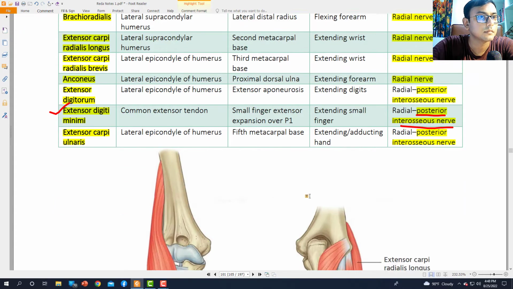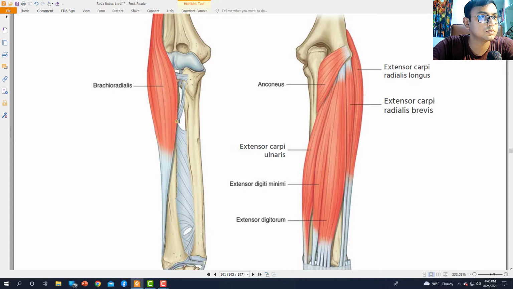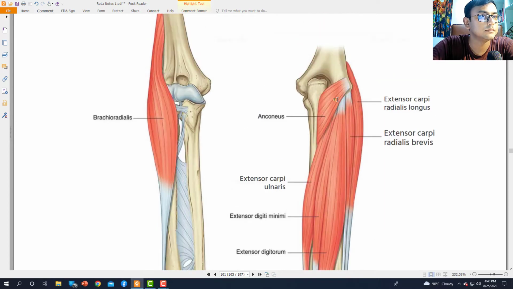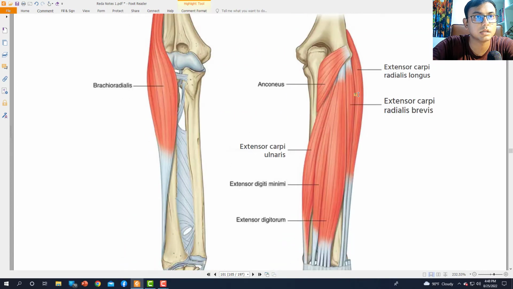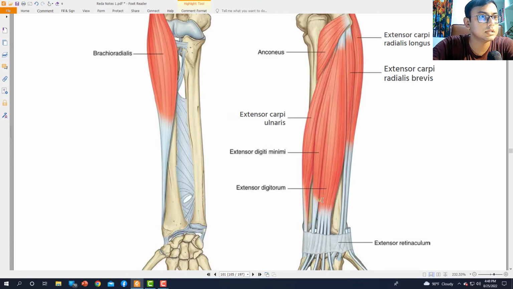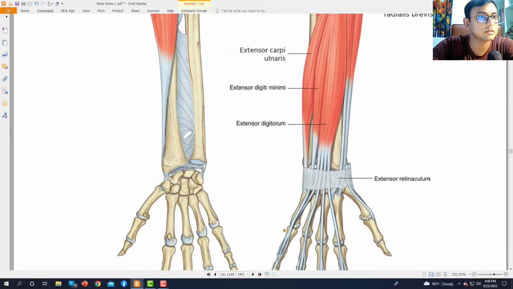Okay, so here you can see the brachioradialis that I have shown you, and then anconeus, extensor carpi radialis longus and brevis, which are attached with each other. Then this is the digitorum, which supplies the digits, and the minimi, that is the minimum muscle.